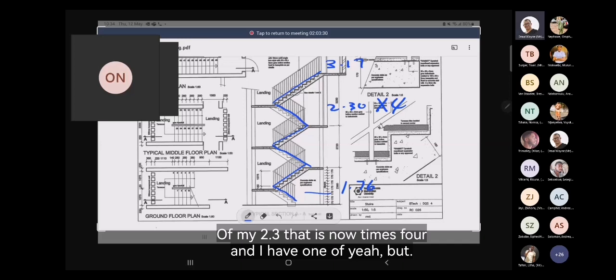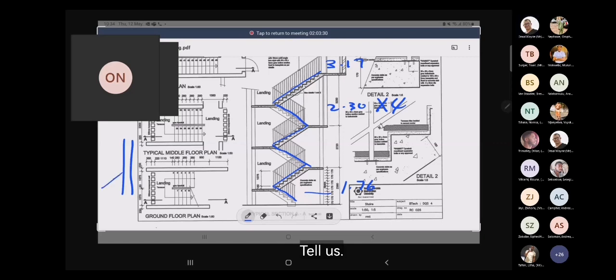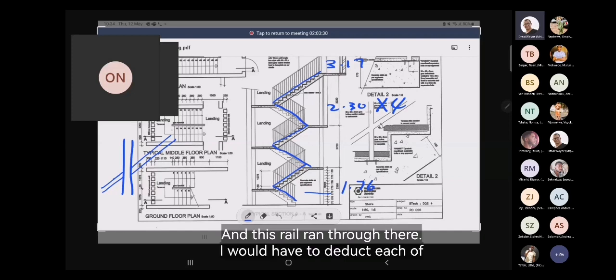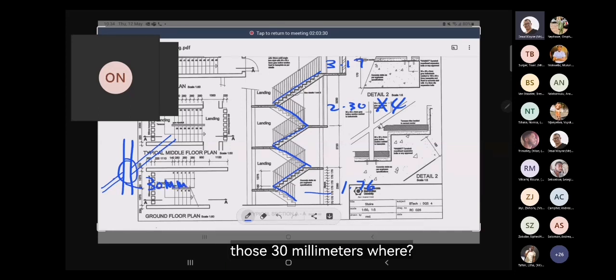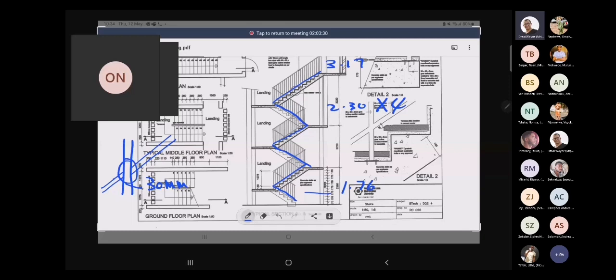But if we go in and have a look at, if that was my baluster, and this rail ran through there, I would have to deduct each of those 30 millimeters where all my balusters meet with my bottom sloping rail. Yes.